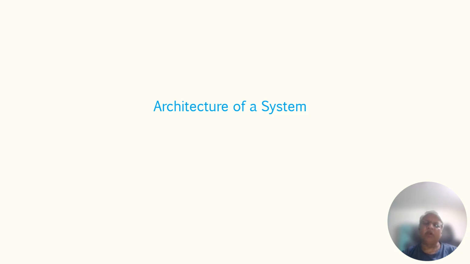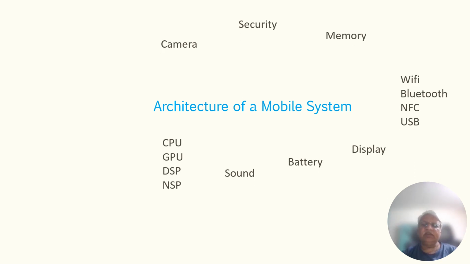To get some broad understanding, let us consider the architecture of a mobile system. Here, if you see, there are so many features of the mobile system, and these are typically sound, battery, display, Wi-Fi, all this is communication, and memory, security, camera, what type of CPUs are needed.